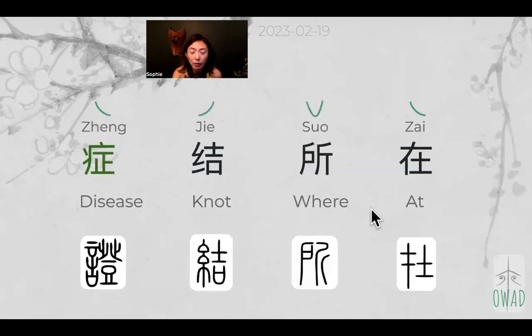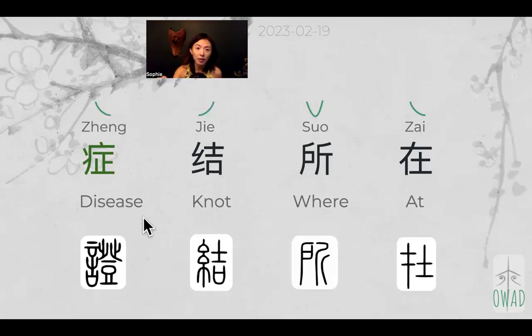And today we have 症 continuing in 症结所在. 症结所在 is another commonly used Chinese expression. Imagine in detective stories, when the detective is finding out something from the clues, it's like from the disease. Well, here it's more like symptoms, actually.